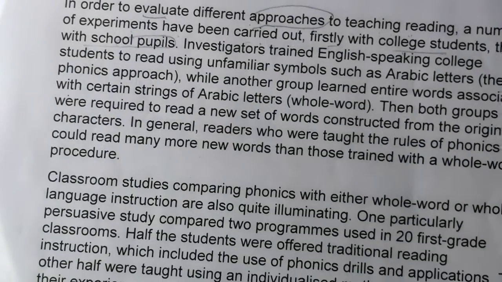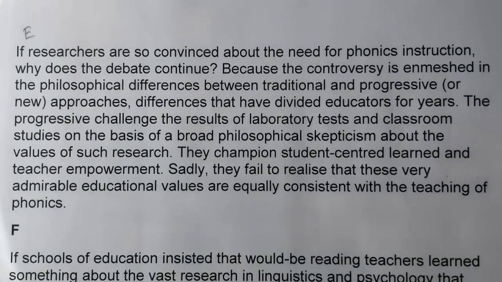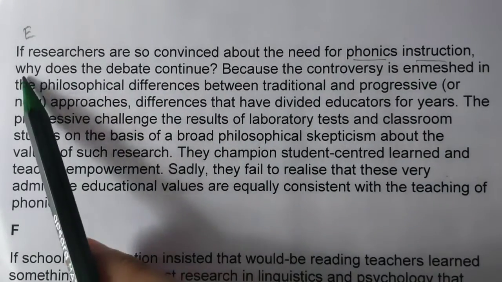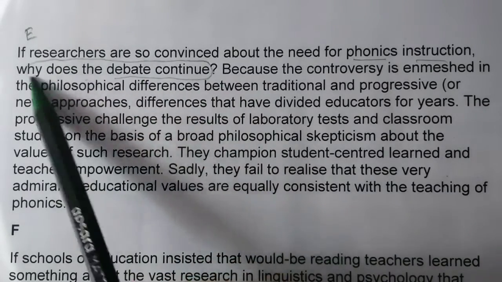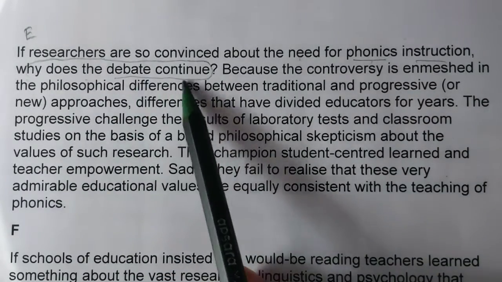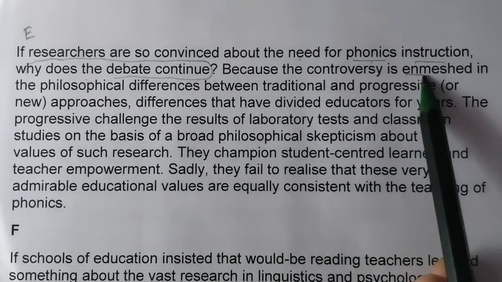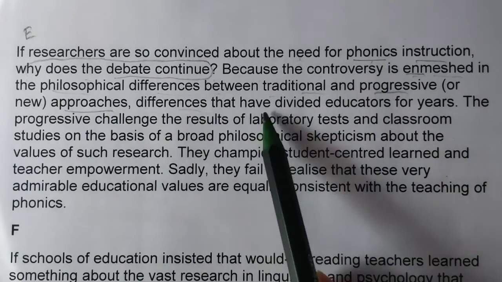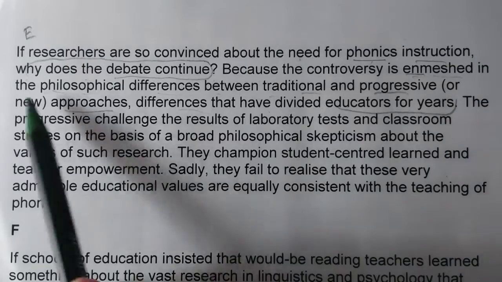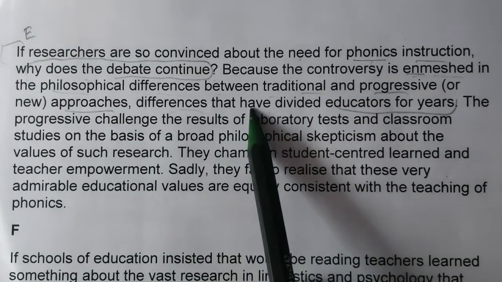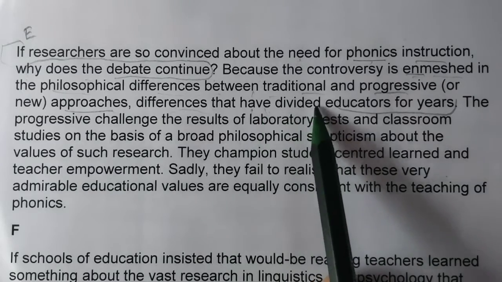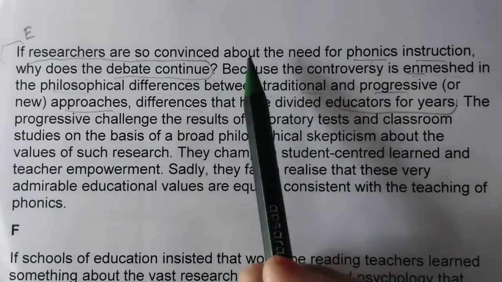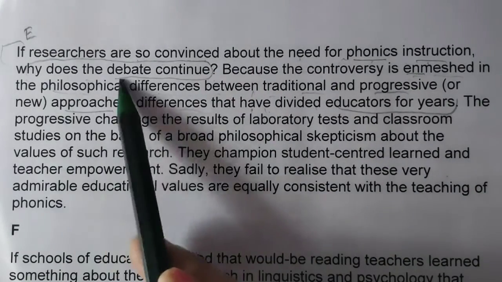Now coming to E paragraph. Let's read it fast. If researchers are so convinced about the need for phonics instruction, why does the debate continue? Because the controversy is enmeshed in philosophical differences between traditional and progressive approaches, differences that have divided educators for years. If you read these 3-4 lines, definitely you will get the answer. They are saying if researchers are so convinced about this instruction, then why does the debate continue?